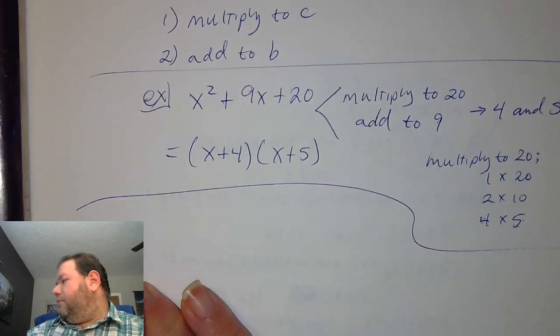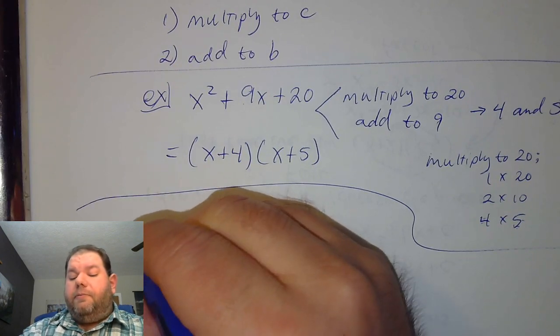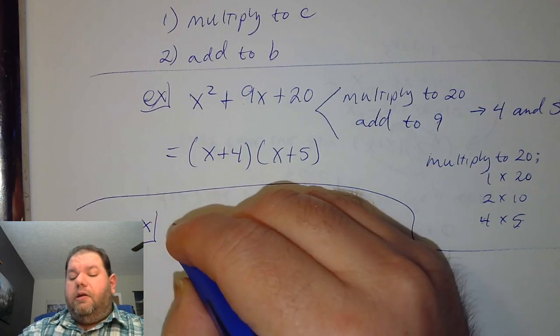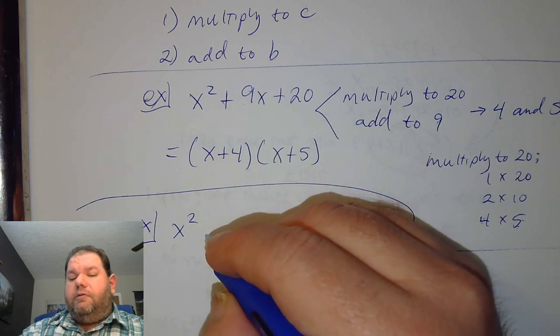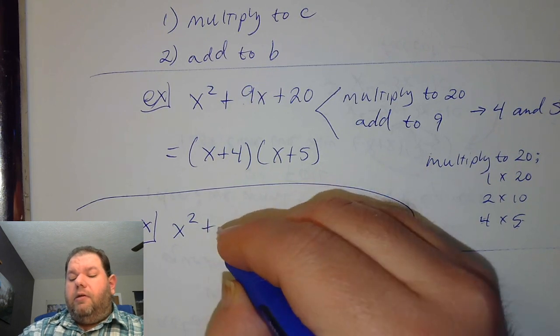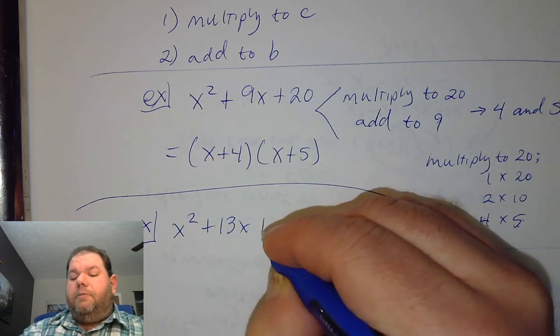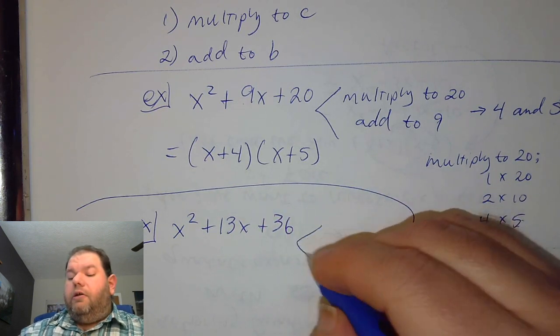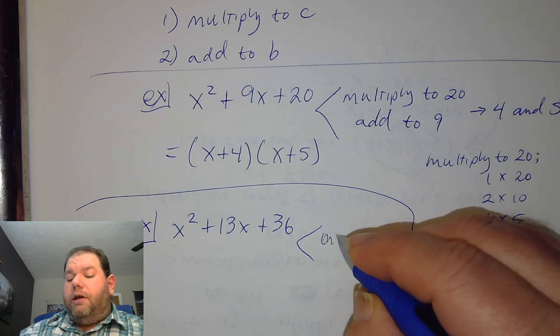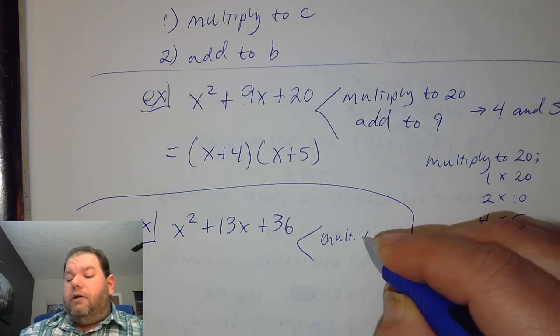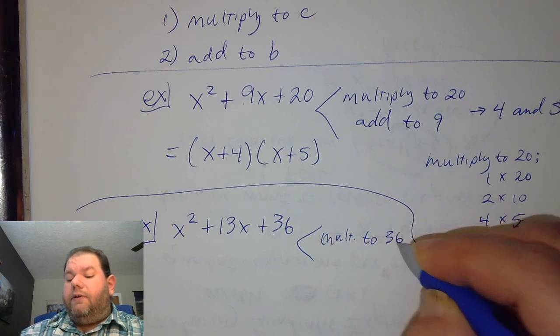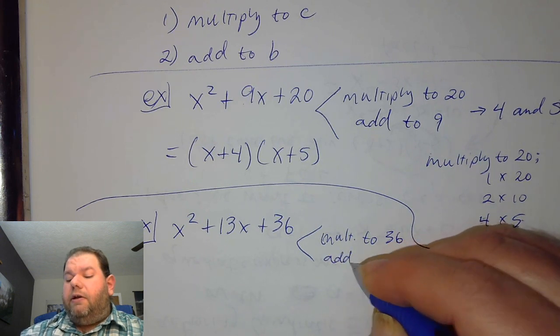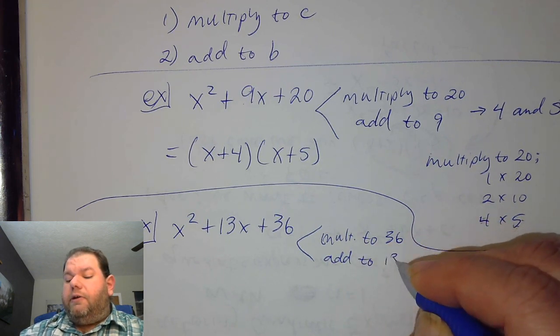Okay. Let's look at another example. x squared plus 13x plus 36. So we want two numbers that multiply to 36 and add to 13.